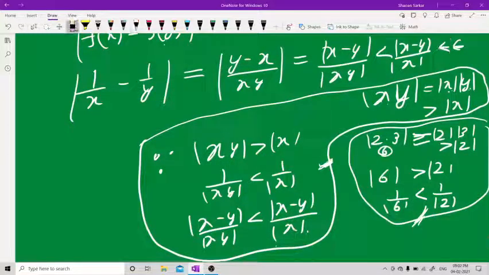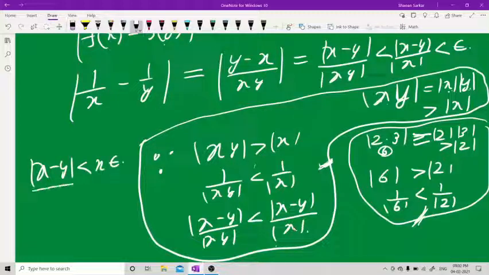Let me rub it, let me write it clearly. This is less than epsilon. So after writing all this, then you write mod x minus y is less than x epsilon. Mod x minus y is less than x epsilon. Remember, it is dependent on x, so it is continuous.